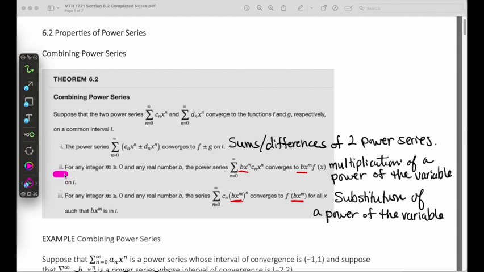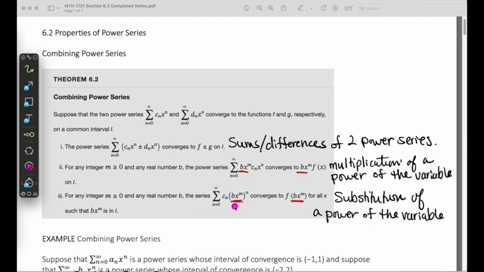Now, for the second property, if you multiply by a power of the variable, so I have a coefficient times x to some power m, if you multiply that by a power series, then it's going to converge to whatever you're multiplying by times the function f. For the third property, think about this as substitution or composition.